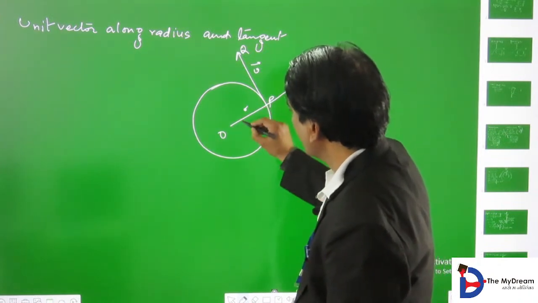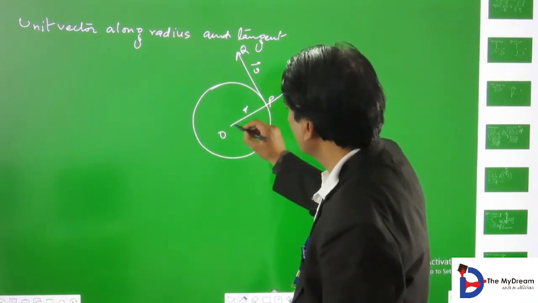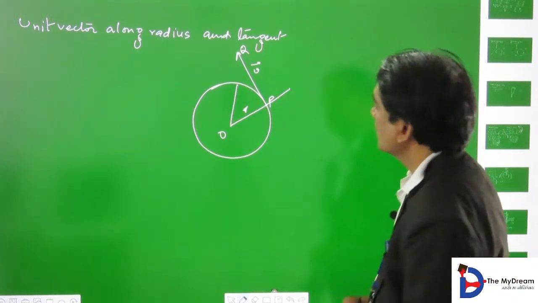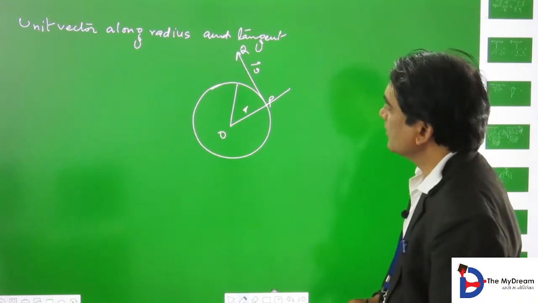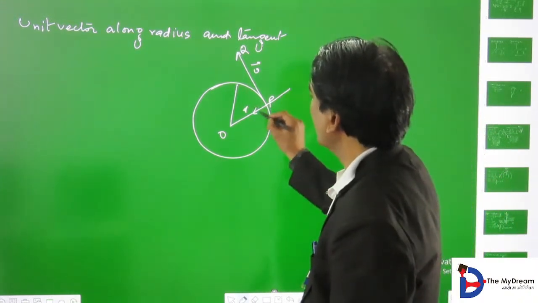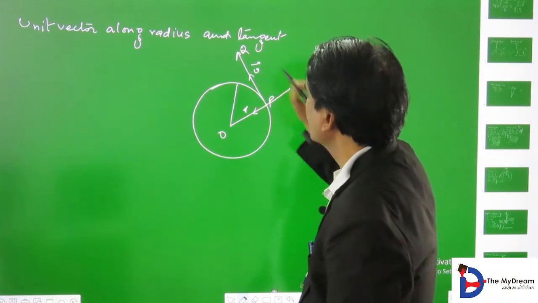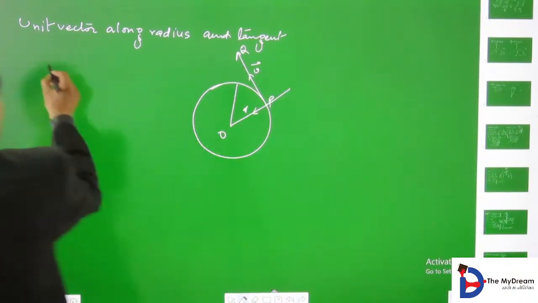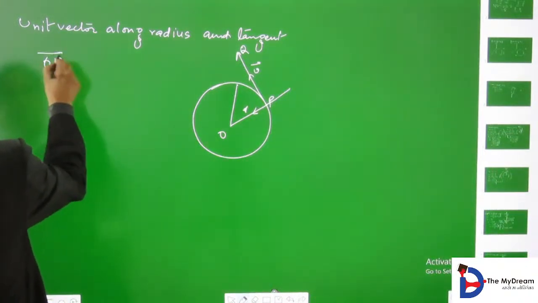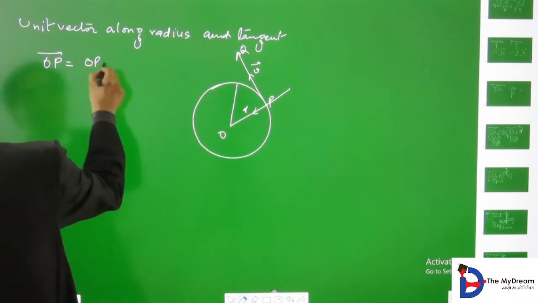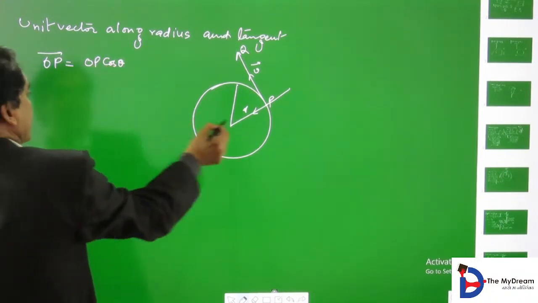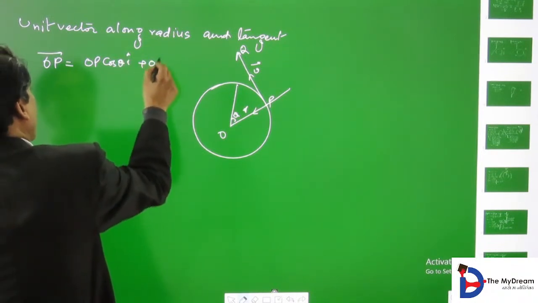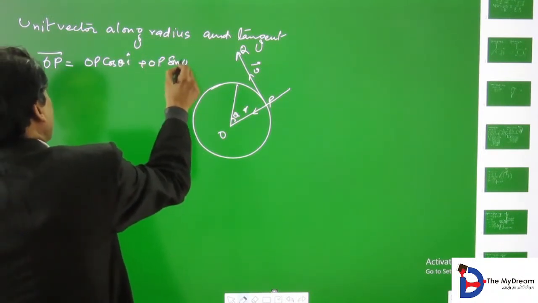what do we have to make for this? We can take it from here also. So the position vector R along this and that. So OP is equal to OP cos theta I plus OP sin theta j.